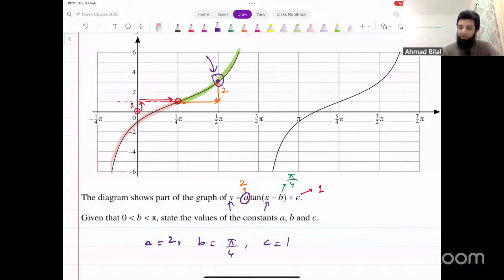You have b and c already known. You can input x, y, b, and c, and you can find the value of a from that. Slightly longer, but if you find it hard to think of a directly, then that's another way. If you know every other constant, you can input a point and find that remaining constant using that.